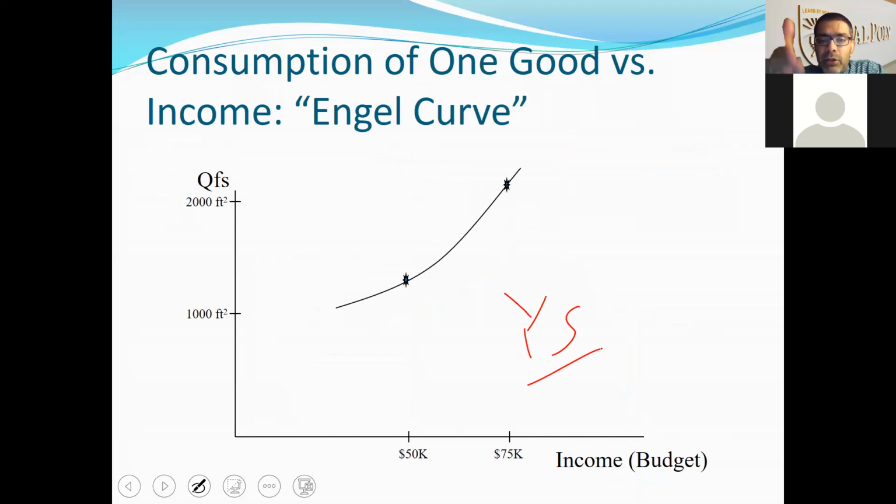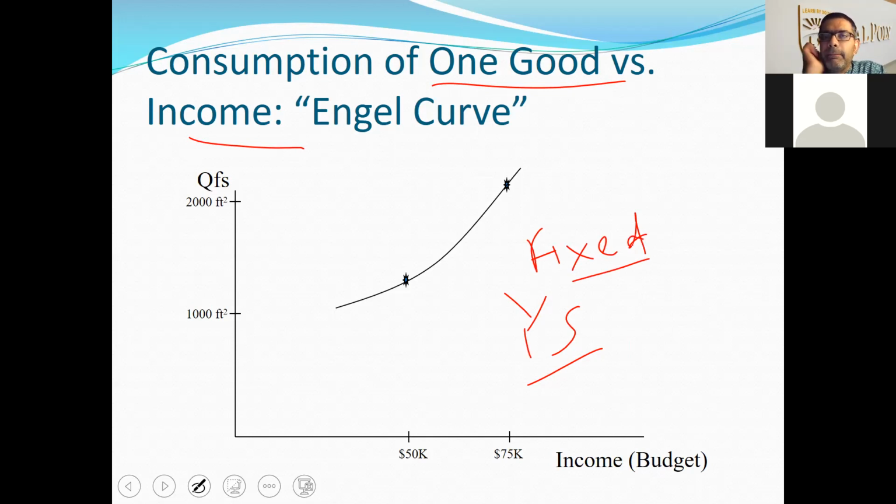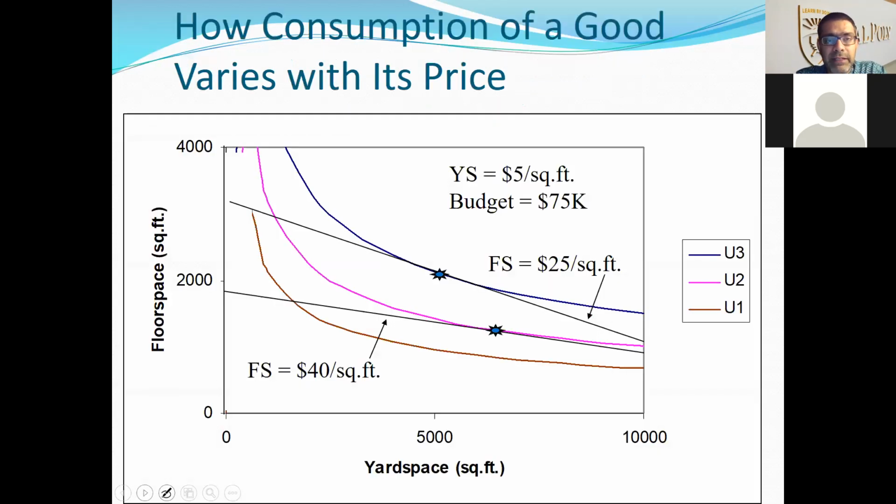And then for $50,000 versus $75,000, how much more floor space can you buy if you fix the yard space? So if you just do it with one good and income, we call it an Engel curve. Okay? So in that, we have fixed yard space. You could do the same thing with floor space. You could fix the floor space and do the chart with yard space.